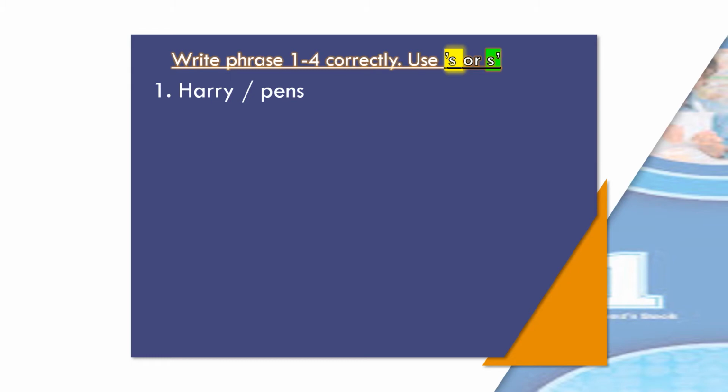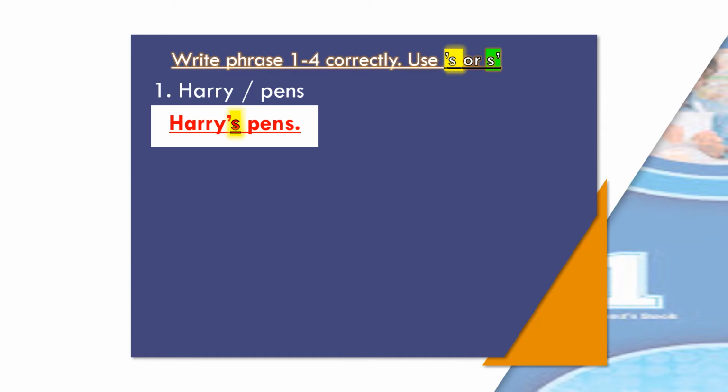So how are we going to write it as a phrase? We write Harry's pants, because there's only one Harry, so the apostrophe comes first before the S. For numbers 2 to 4, you have to do it by yourself. Try to do it with the guidance I've given you before.